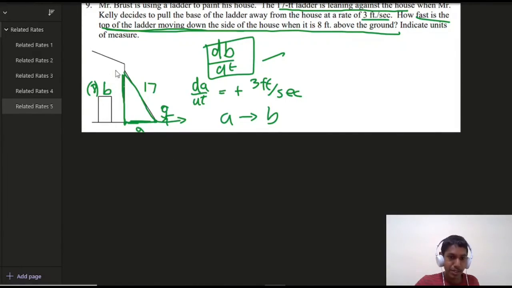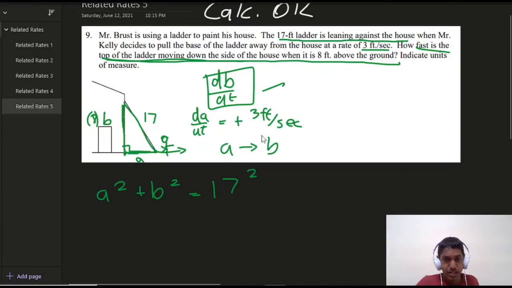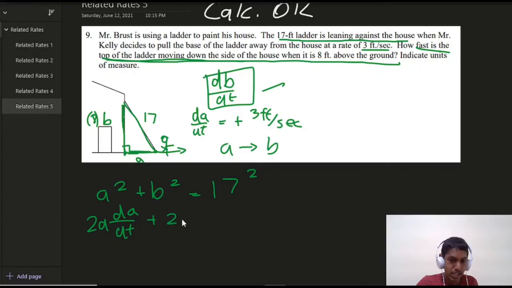How can I do that? Well, this is a right triangle, so by the Pythagorean theorem, we have a squared plus b squared is 17 squared. Now let's differentiate, because we have a B in there, so let's differentiate and see what we need to find.